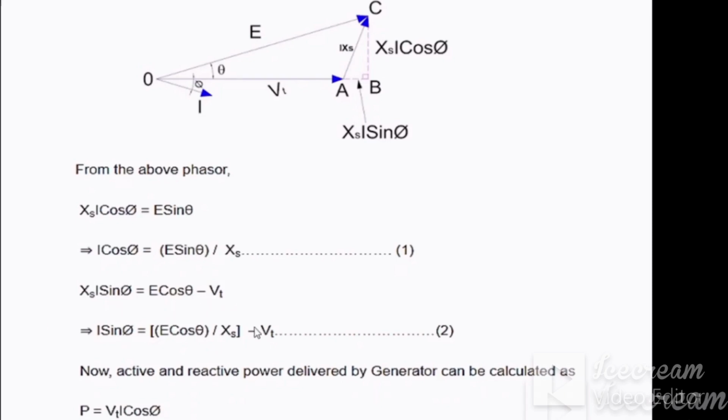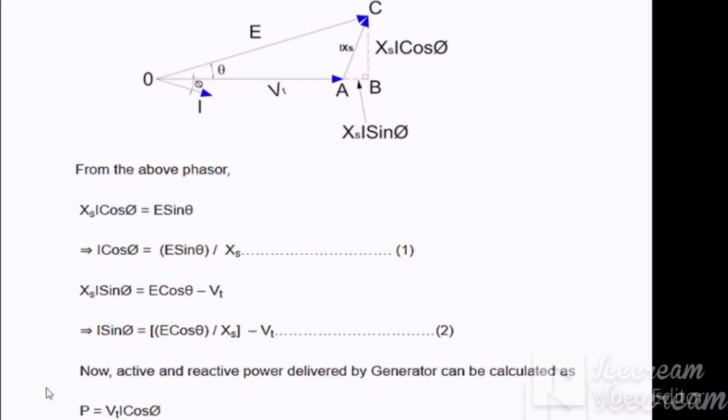We are just simplifying the above equation in terms of I sin phi and I cos phi. Now your reactive and active components of the current are found. And these reactive and active components of the current, when multiplied with the terminal voltage, give out the active and reactive power being delivered by the alternator.